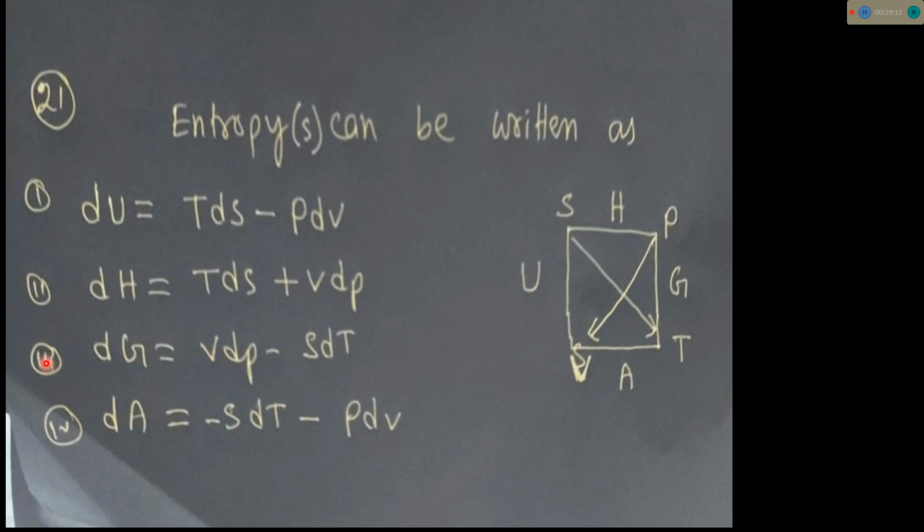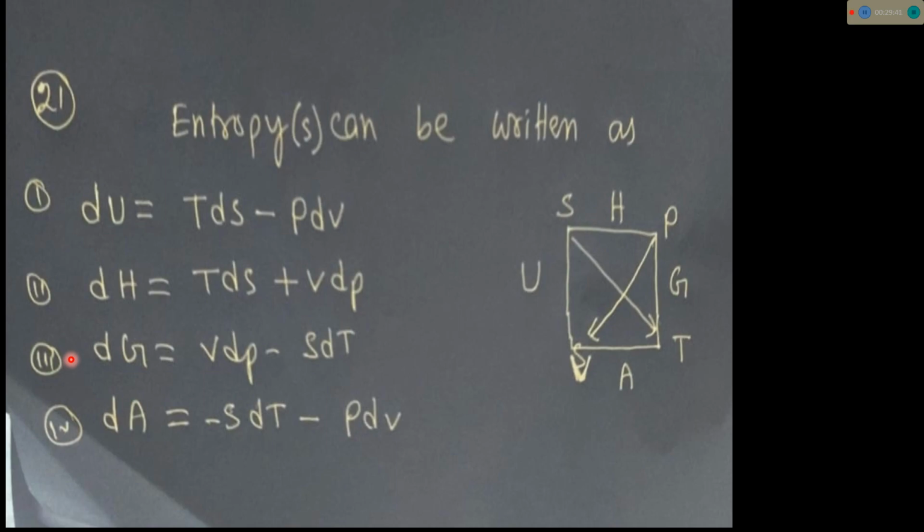So now from 3 and 4, if we divide by del T, not differentiate, again I am telling you that we are dividing, not differentiating. We are dividing this equation by del T at constant pressure. So del G by del T at constant P. If we divide at constant P, this dP becomes 0, which means this part becomes 0.